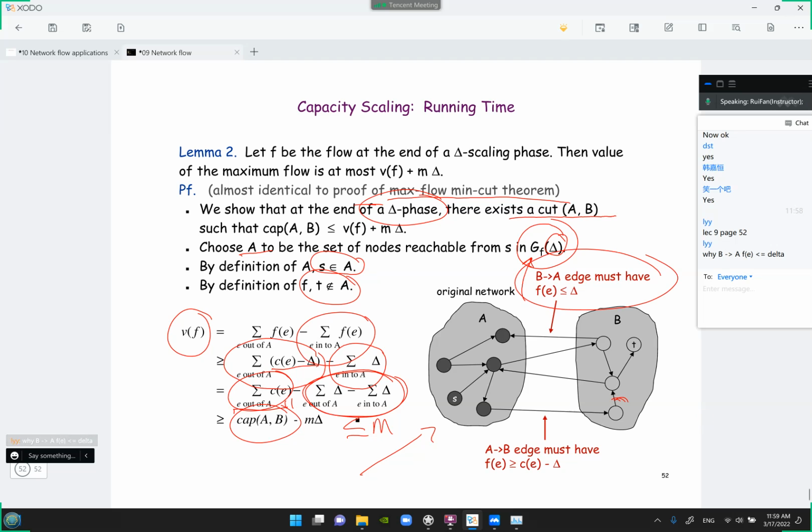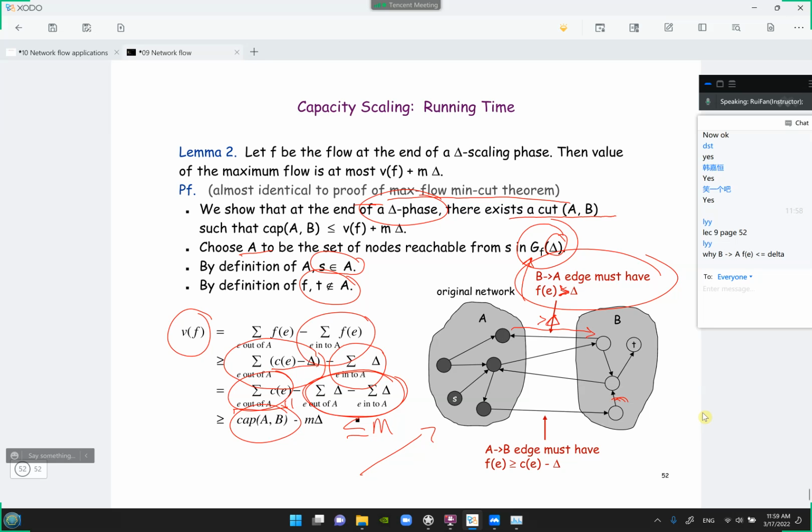Yes. The reason is, if this flow here is larger than delta, then remember how you make these residual graphs: anytime you can send flow, you add this reverse edge. So if the flow here is larger than delta, you're going to add this reverse edge, and the capacity of this reverse edge is larger than delta.